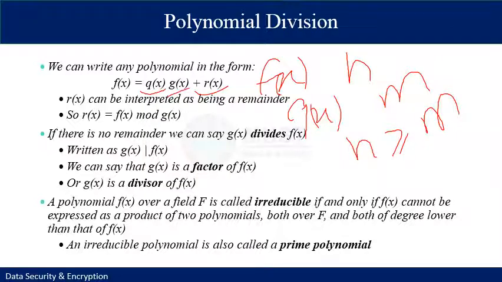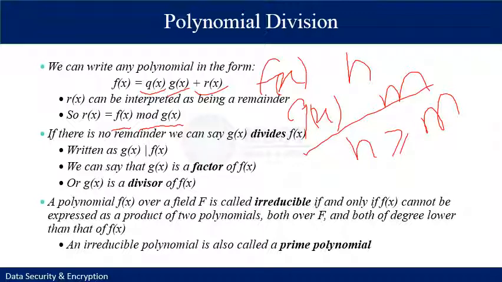This must be a number, or a polynomial. So r of x can also be defined as the remainder of f of x divided by g of x, which can be written as f of x mod g of x.